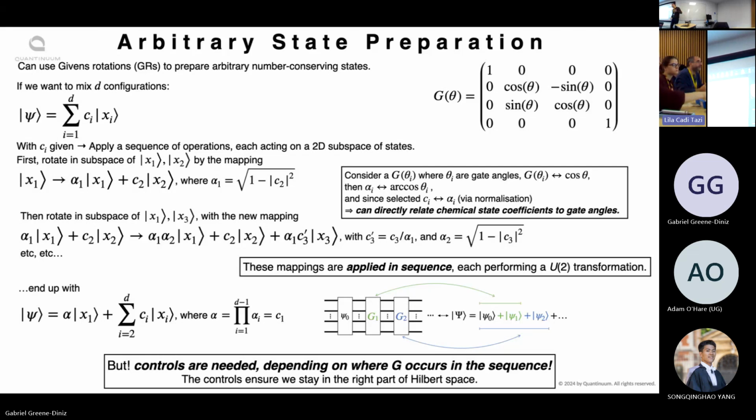There are situations where it will, and then you have to control, but there are times when it won't, and figuring out when you need them or not was the difficulty in implementing this in the first place. So in many cases you can get away with easier than having to control on everything.